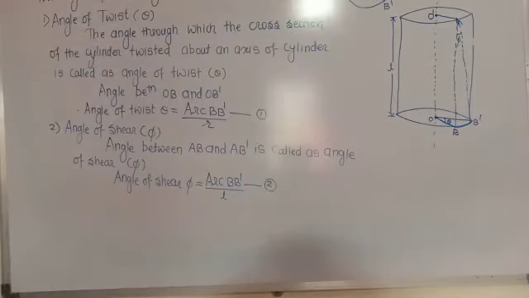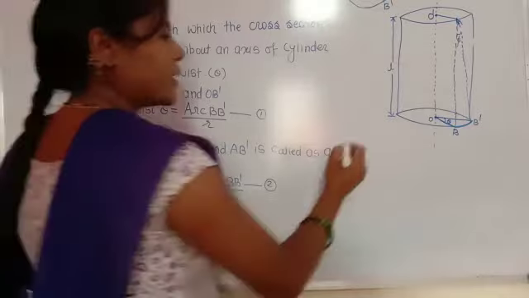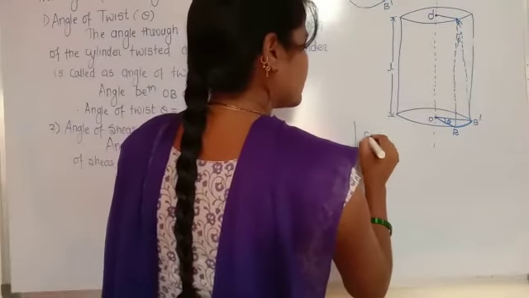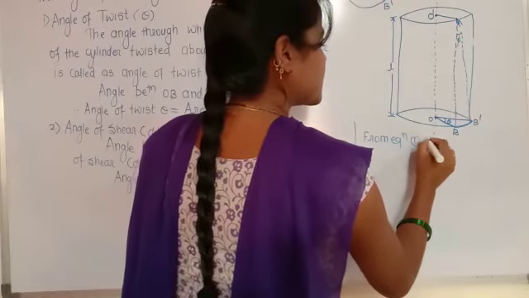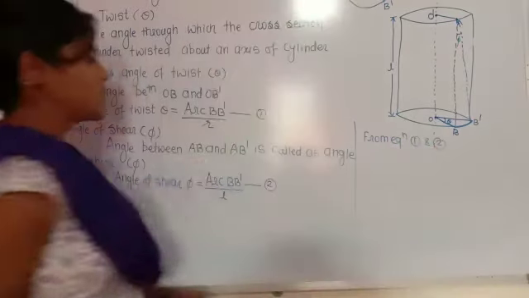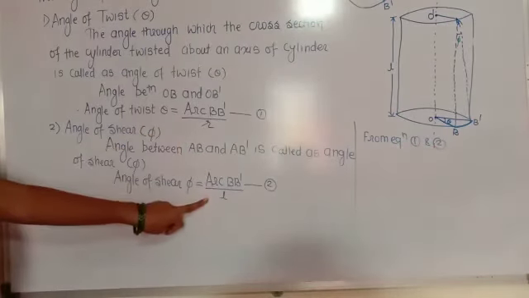From equations first and second, arc BB dash is common.